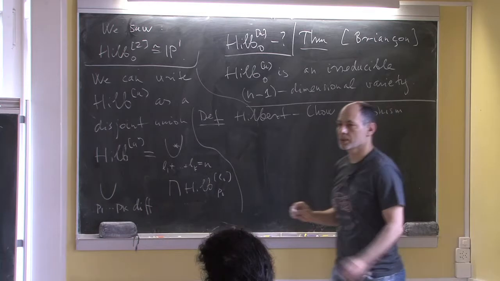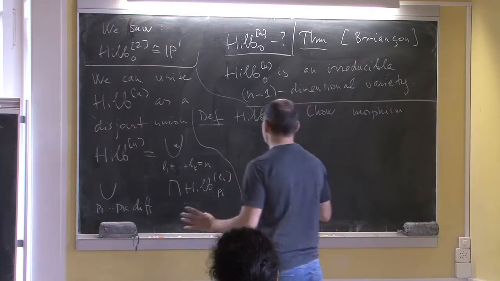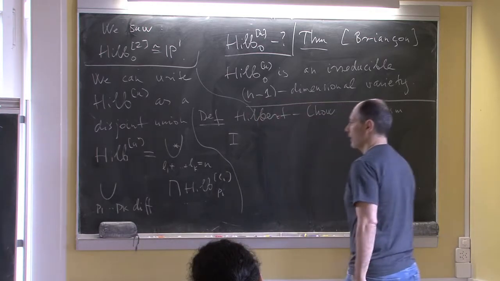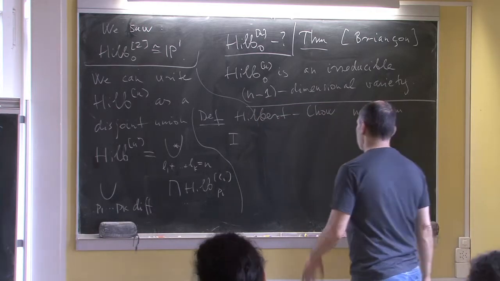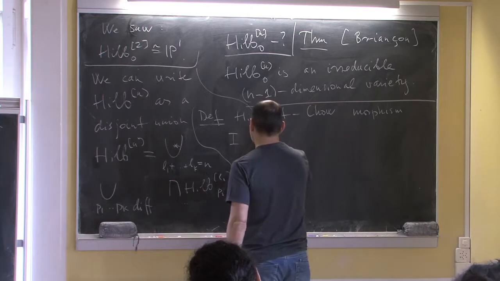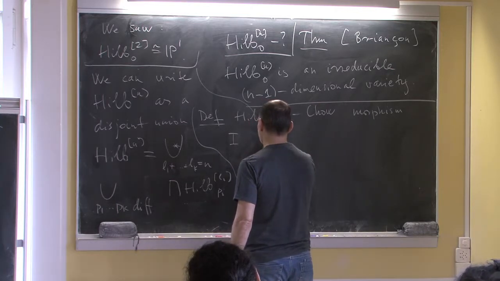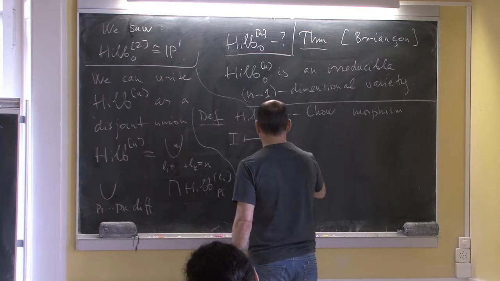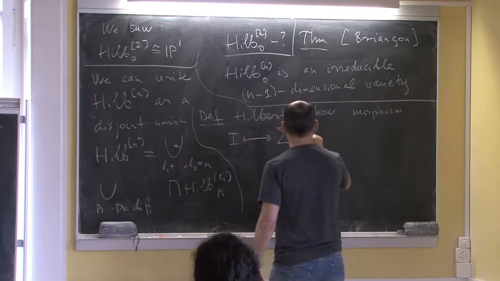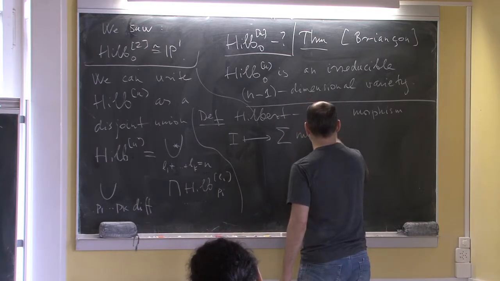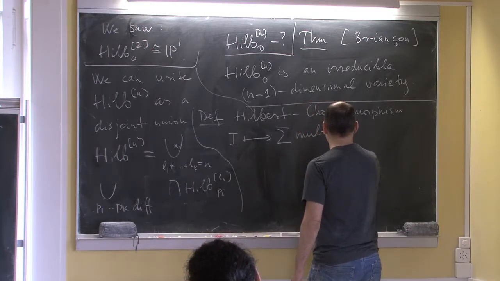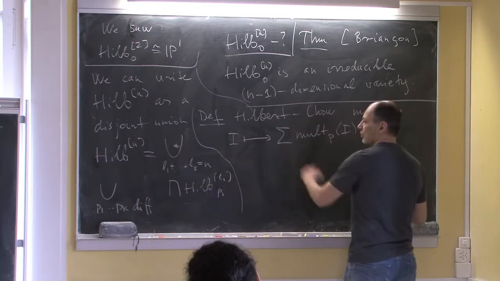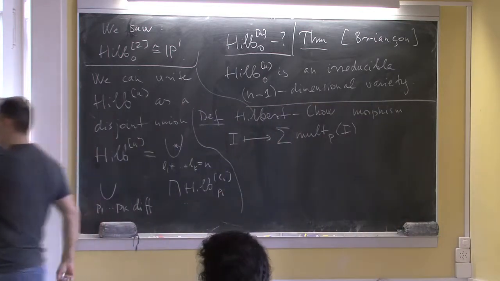And this is just the following simple thing: you take an ideal and now you define an element, if you like, of the Chow group, well, not really, but an element of the symmetric product, the sum of the multiplicity of I at P, for all P. I forgot, I should have said it here actually.